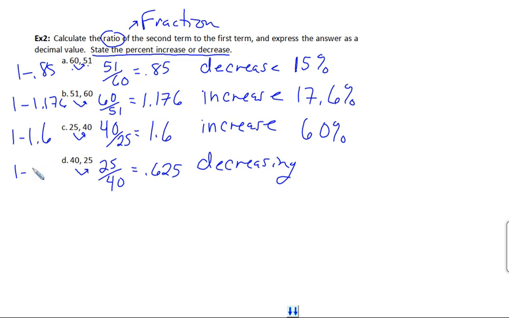And this guy, 1 minus 0.625, is 37.5%. So I'm subtracting these guys. This gives me 0.375, and then I'm scooting the decimal twice because we're dealing with percentages. Okay? Not too bad.